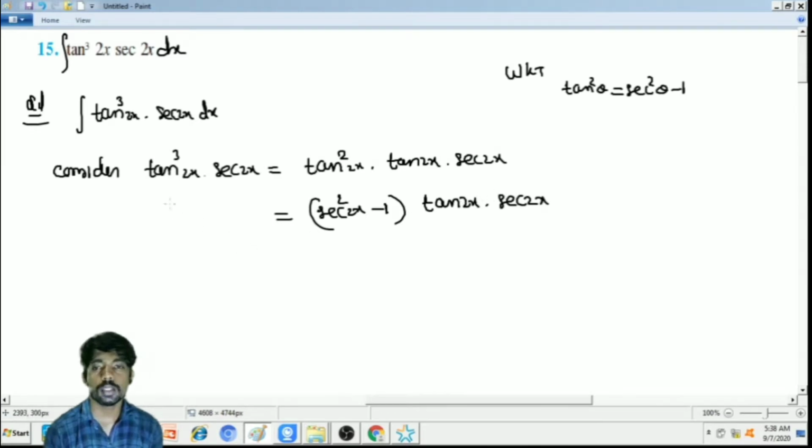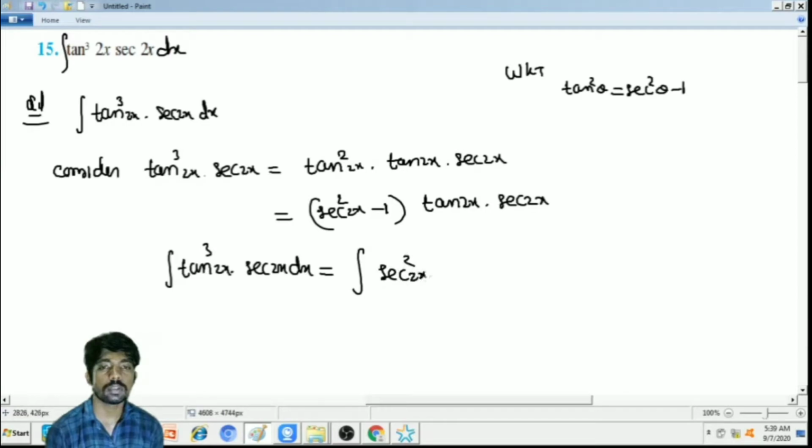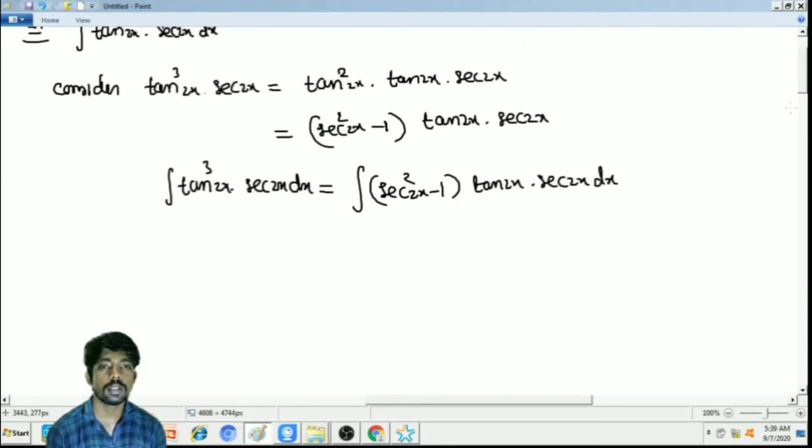Now you can integrate. The integration of tan to the power of 3 2x into secant 2x dx is equal to the integration of (secant square 2x minus 1) into tan 2x secant 2x dx. Now I am integrating. Let t is equal to secant 2x.